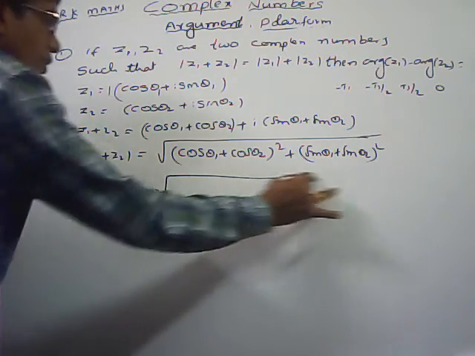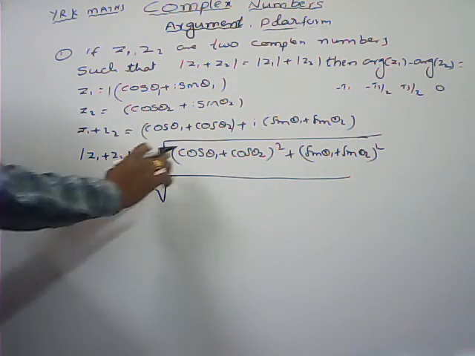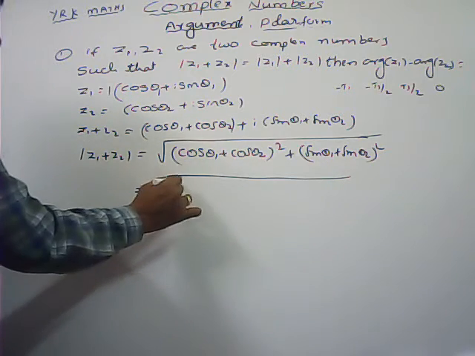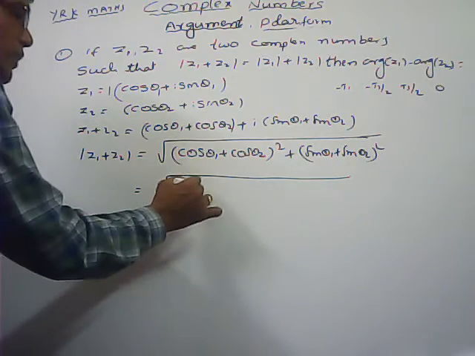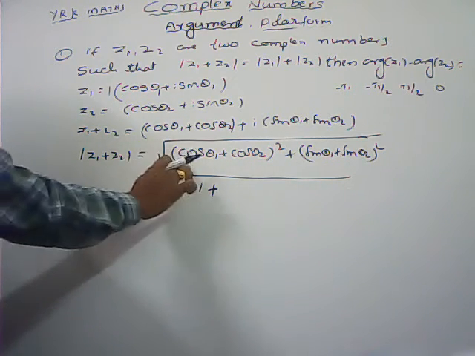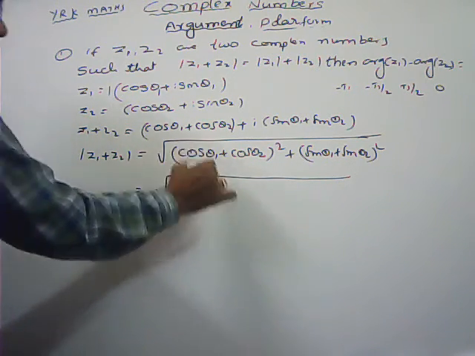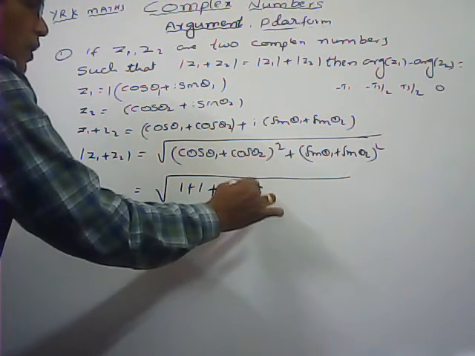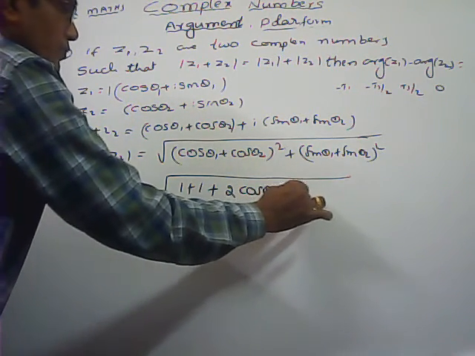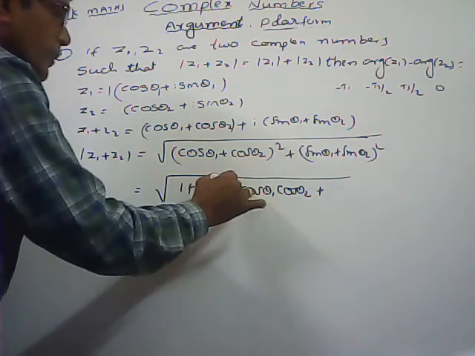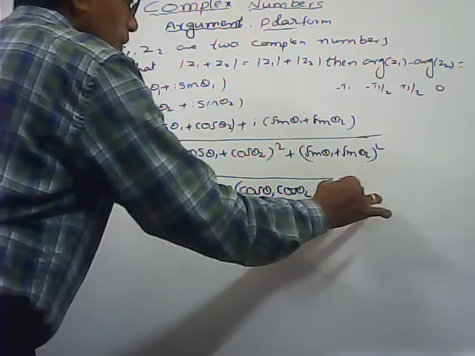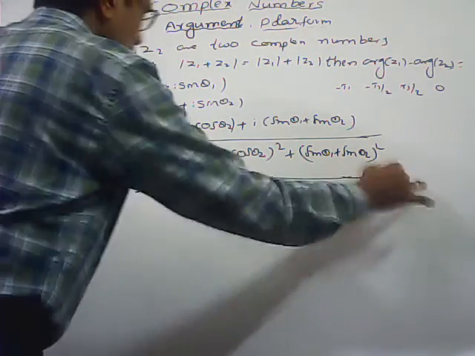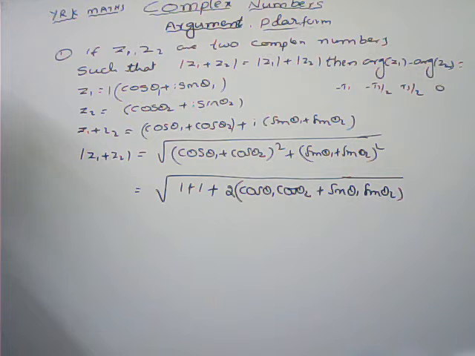Cos square theta 1 plus sin square theta 1 is 1, the identity, and cos square theta 2 plus sin square theta 2 is 1. Using a square plus b square plus 2ab, we get 2 cos theta 1 cos theta 2 plus 2 sin theta 1 sin theta 2, taking 2 as common.